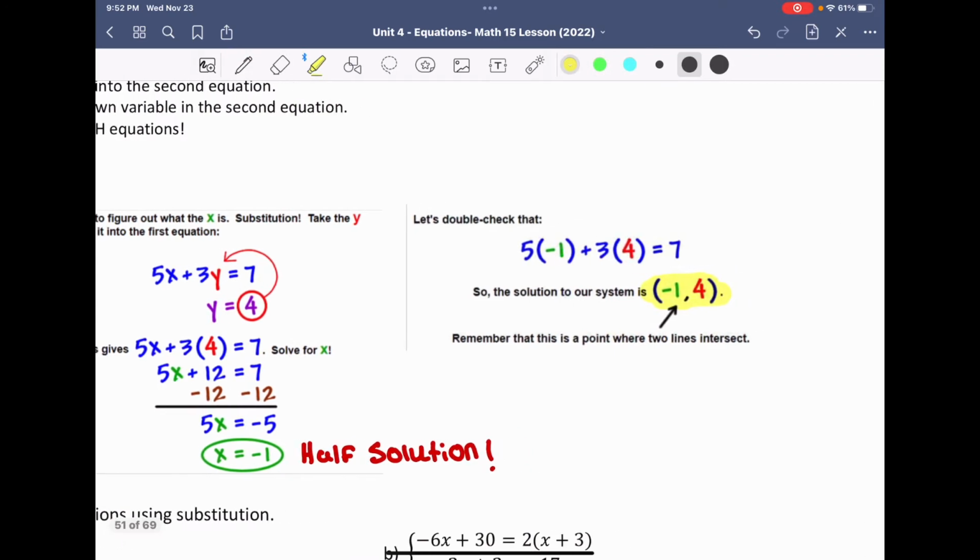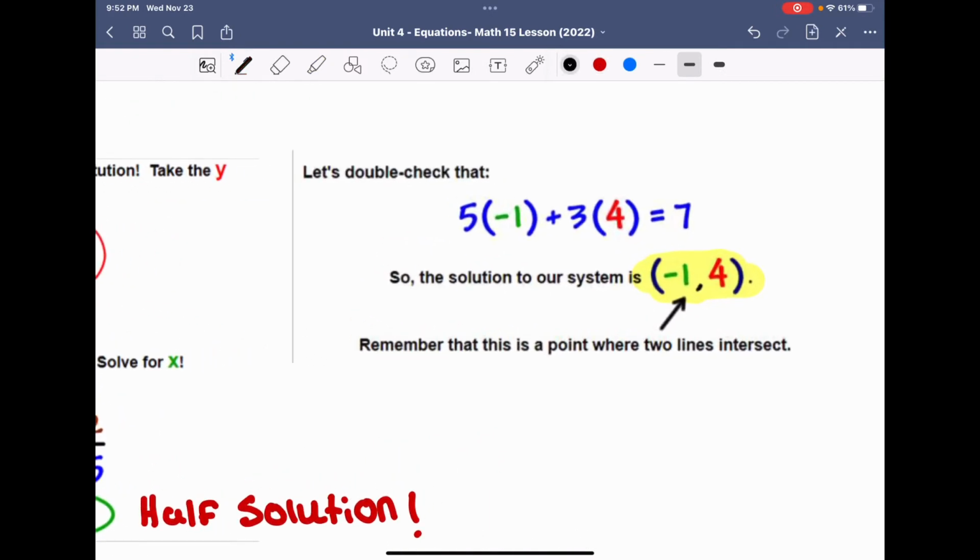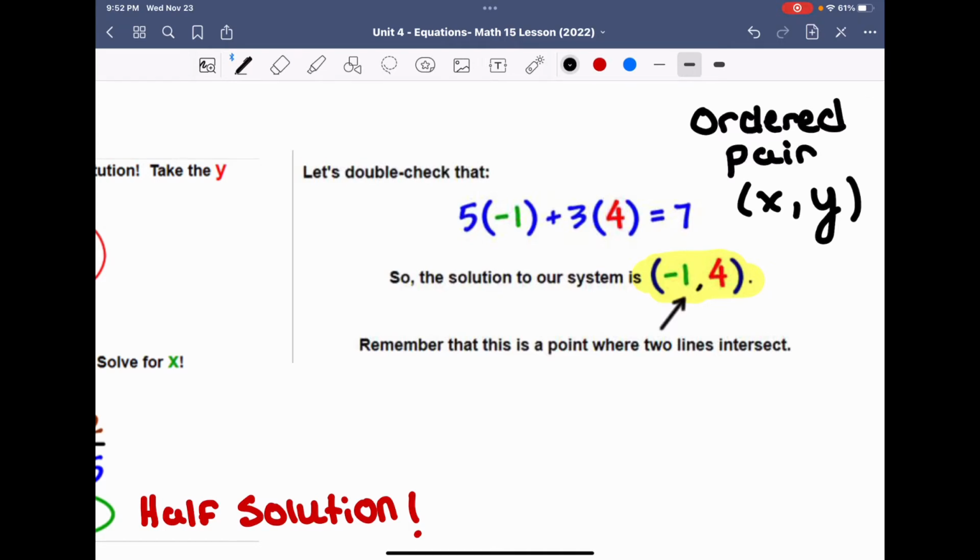An ordered pair is always a solution that includes both the x and the y, and specifically in that order. So please write that in your notes: ordered pairs are representative of a final solution where x comes before y, and it's written as a coordinate point.